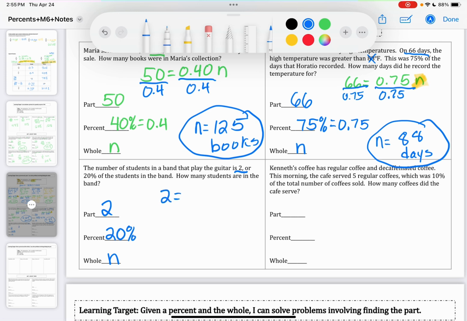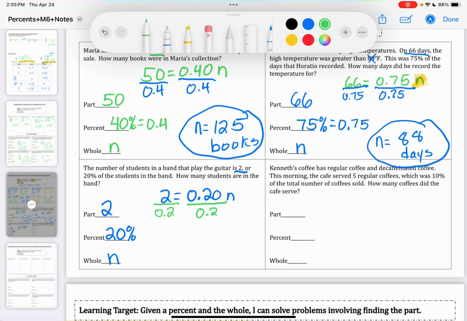Part 2 equals percent as a decimal, 0.2 or 0.20 times n. Part equals percent times whole. So now let's divide by 0.2 or 0.20, same thing. So 2 divided by 0.02. I got 100.